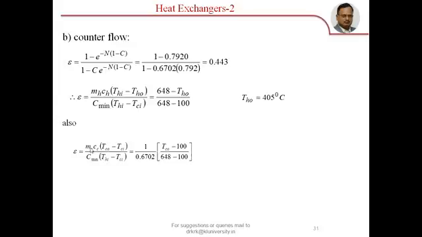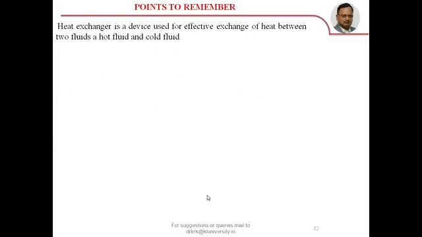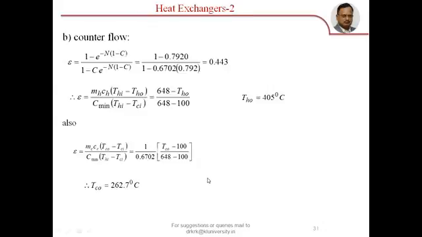Also in the same way, MCCC into TCO minus TCI by C minimum into THI minus TCI, and bringing MCCC, C maximum, into the denominator, you will get C minimum by C maximum in the denominator, that is C, 0.6702, and you will get the TCO value. So that is how the problems on heat exchanger we have to solve.